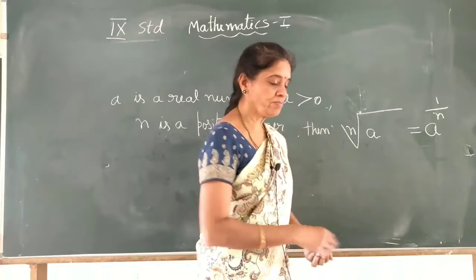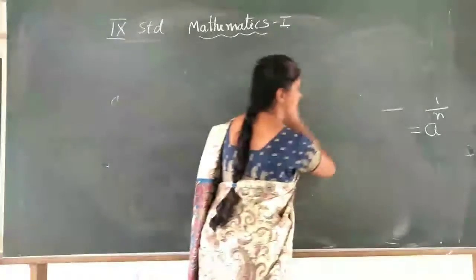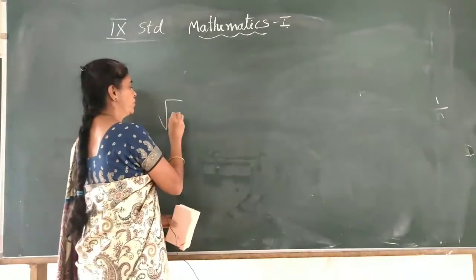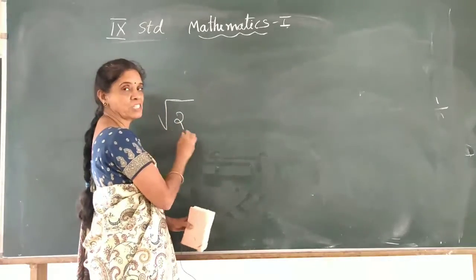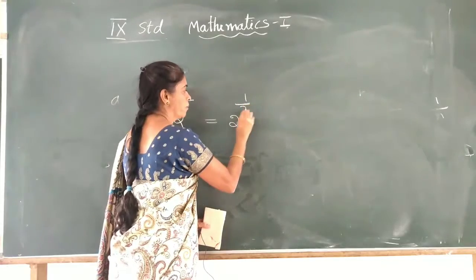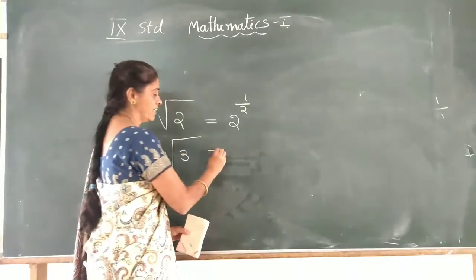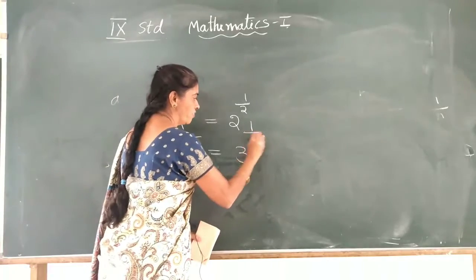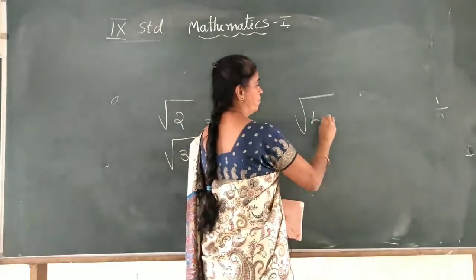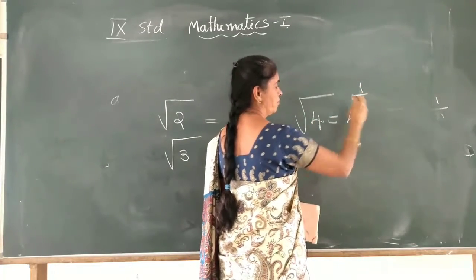Okay. Now, for example, square root 2 in exponential form is 2 to the power of 1 by 2. Square root 3 is 3 to the power of 1 by 2. Square root 4 is 4 to the power of 1 by 2.